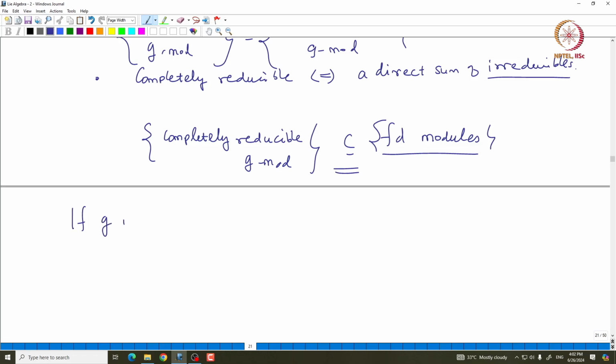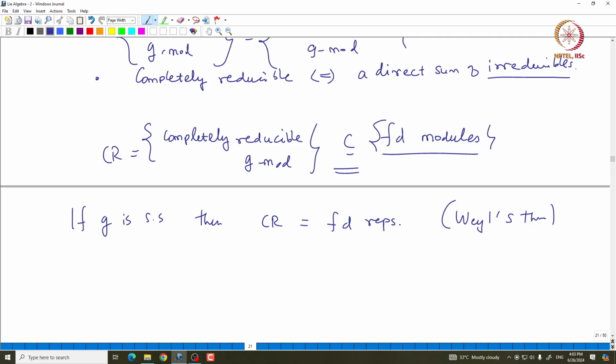So, if G is semi-simple, then completely reducible modules, let us call it CR, is the same as finite dimensional representations. Because of Weyl's theorem, one can reduce our study of finite dimensional representations to completely reducible modules. In particular, to understand them we first need to understand all irreducible modules. This motivates us to study all possible irreducible finite dimensional representations of semi-simple Lie algebras.